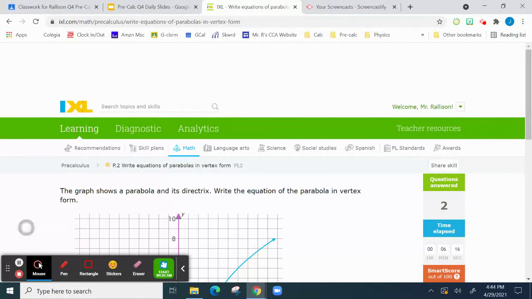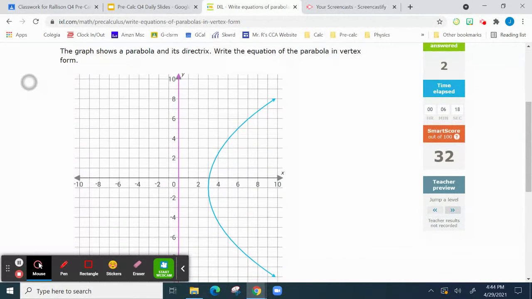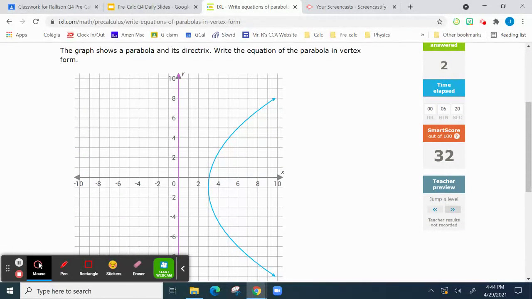This graph shows a parabola and its directrix. Write the equation of the parabola. Oh, I guess the directrix is the y-axis, right? Okay, so this is a left-right parabola. So it's going to be an x equals y squared parabola. It opens to the right, so we don't have to worry about the negative. The vertex is right there. So the vertex is at 3, -1, right?